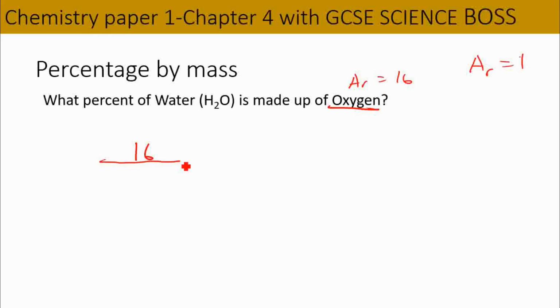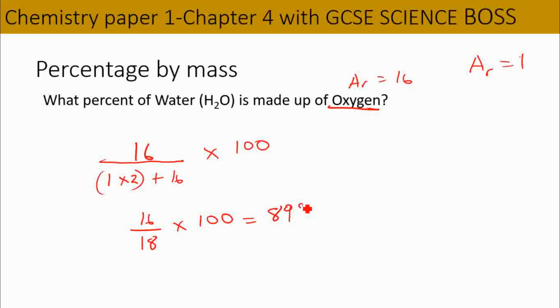So it's going to be 16 over 1 times 2, as there's 2 hydrogen, plus 16, and you're going to be timesing that by 100. So it's going to be 16 over 18 times 100, which gives you 89%. So what this means is that 89% of the mass of water is oxygen.